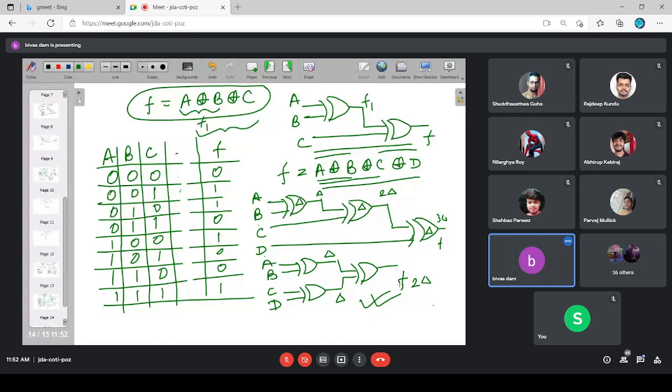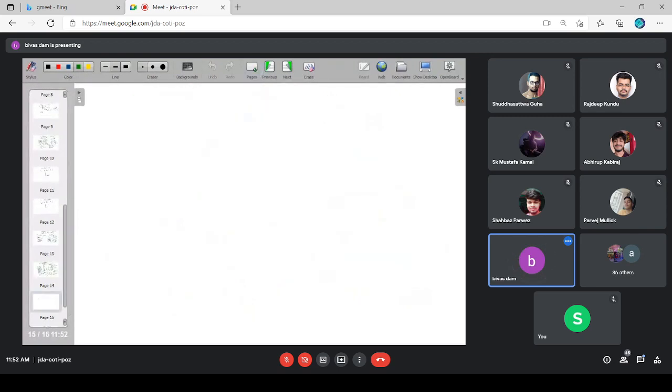Anyway, binary tree means basically from one source you take two branches. Binary means two.